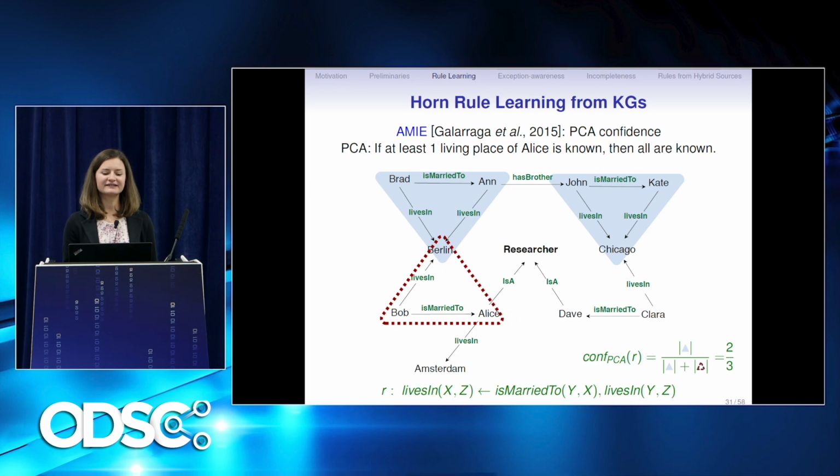So for instance, if at least one living place of Alice is already known, we assume that all living places are known. And then basically we will not penalize the rule for Alice, but we will penalize it for Dave in this case. And the respective value reflecting the quality of the rule will be 2/3 in this case.